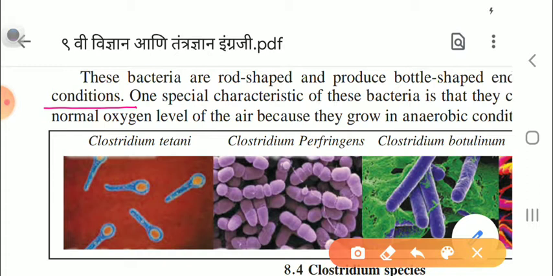So these bacteria produce the endospores, and they have a special characteristic: they don't withstand the normal oxygen level of the air because they grow in the anaerobic condition.